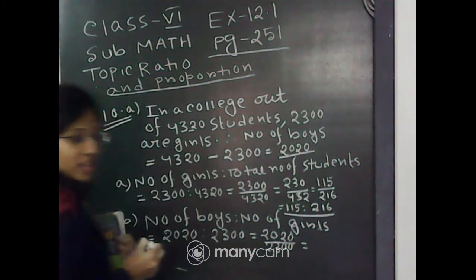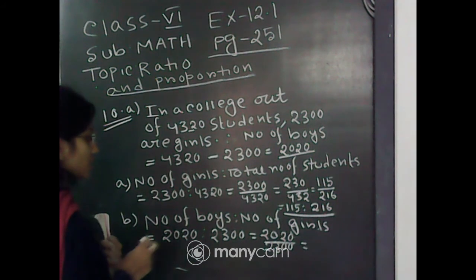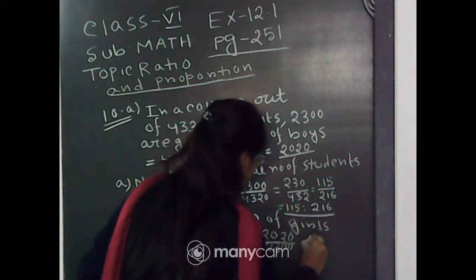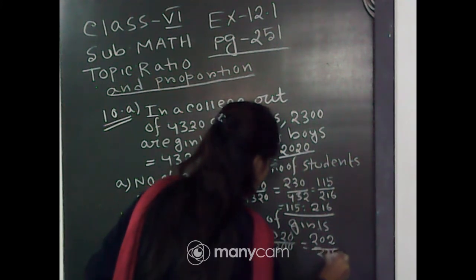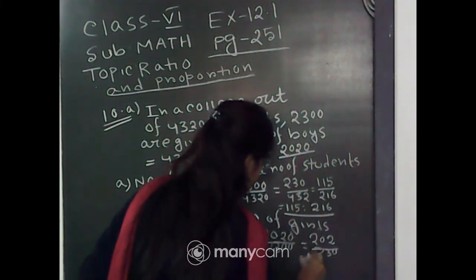Now we divide both the numerator and the denominator by 10, and we get 202 by 230.